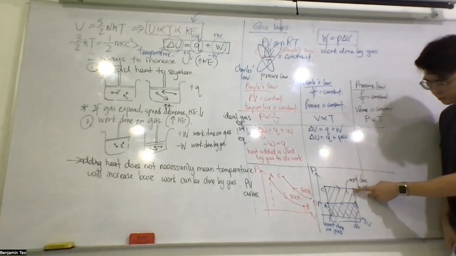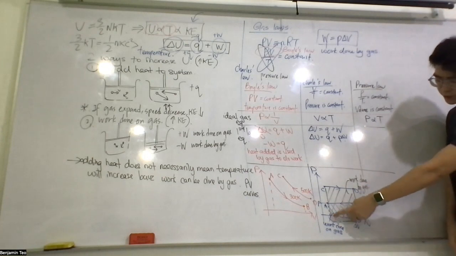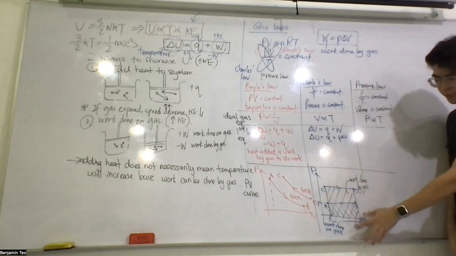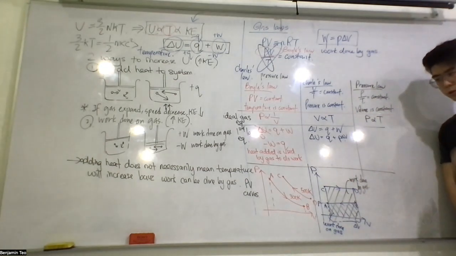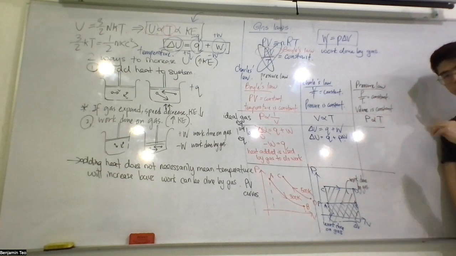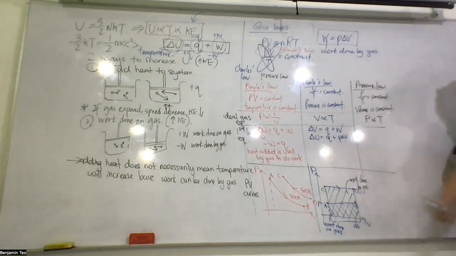Not until here, it's until the x-axis. So you can see the work done by the gas is bigger than the work done on the gas, which is what we want. In the jet engine, we put work on the gas, and the output must be bigger than the input. That's the point.